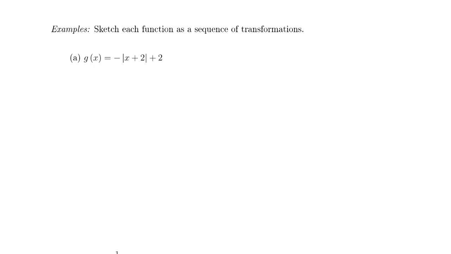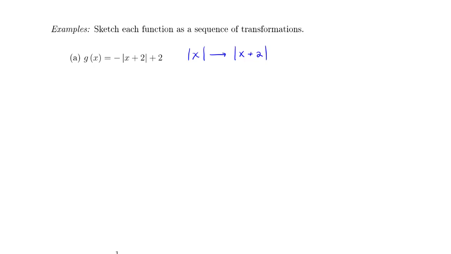So we're going to start with absolute value of x, because that's what this function is at its core. Then the next thing is I'm going to do any horizontal shift, and that would be the absolute value of x plus 2.